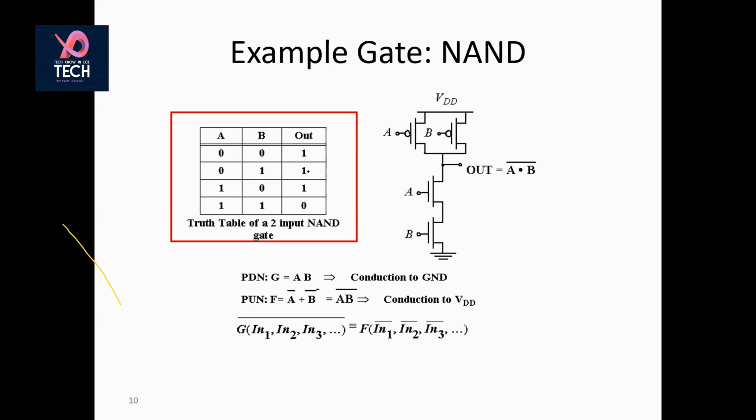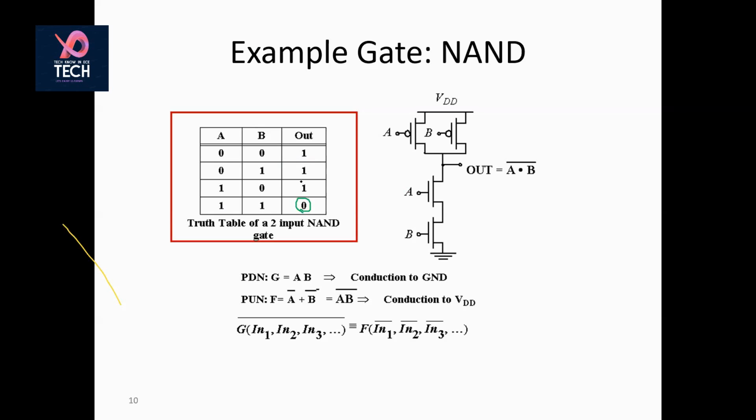Your output is always high, but only in the one case when both the inputs are high is your output going to be low. This is the function for your two input NAND gate. So what is the logic expression for that? Your logic expression for this is A bar plus A bar B bar.